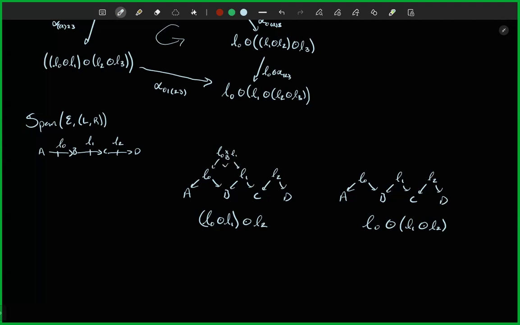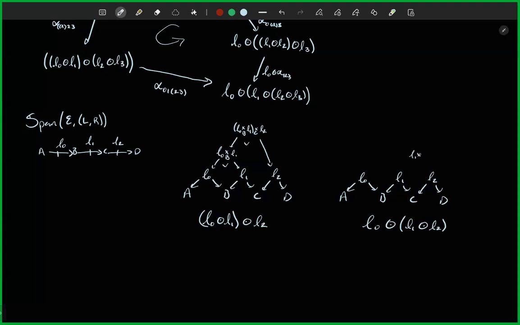And then we compose the resulting span with L2. So here we get L naught, kind of a nice looking diagram. And on here, we do it the other way around.